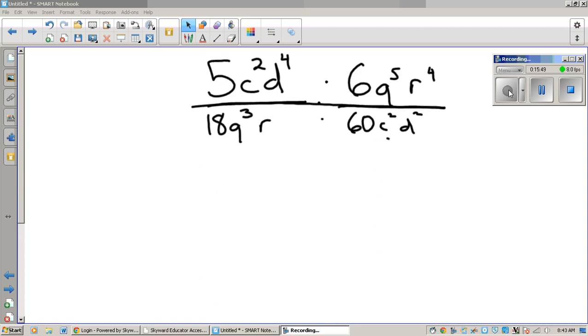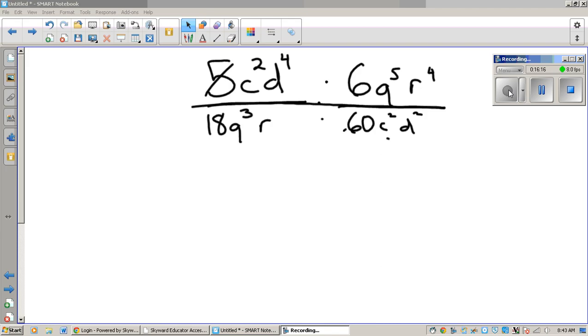You can only simplify if there's a common factor between the numerator and the denominator. That's where we can simplify. So just remember that. But I'm going to start the way I started on this one.